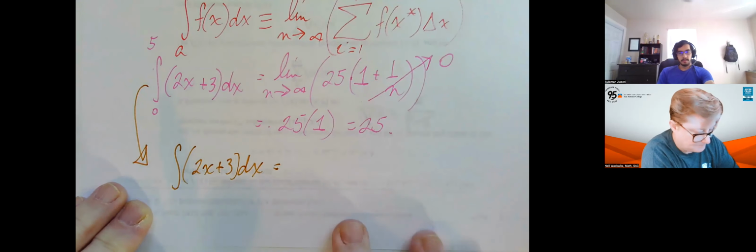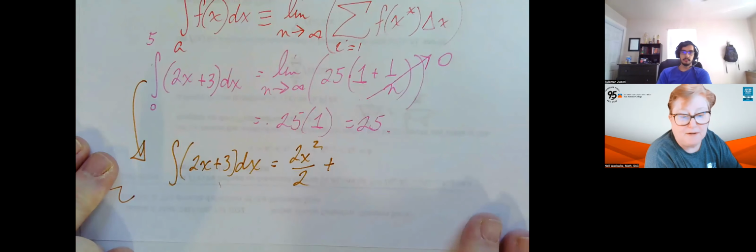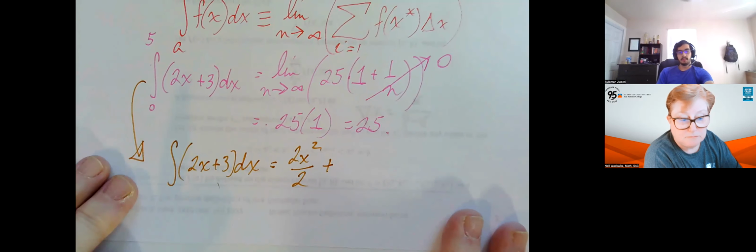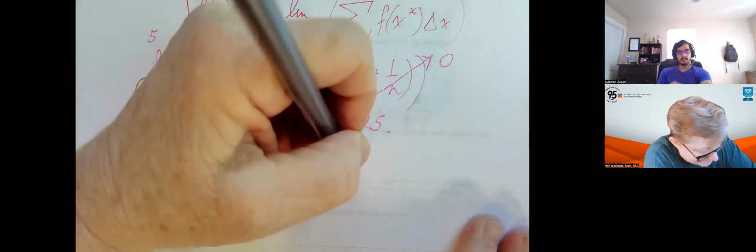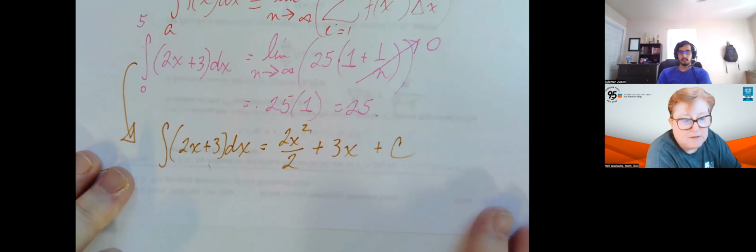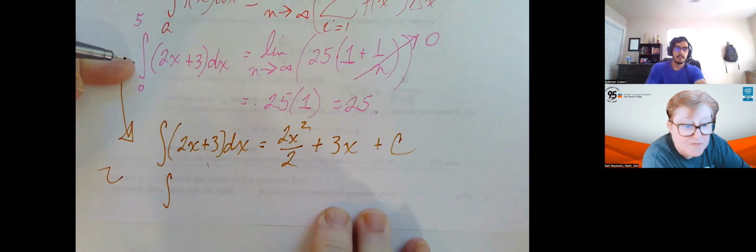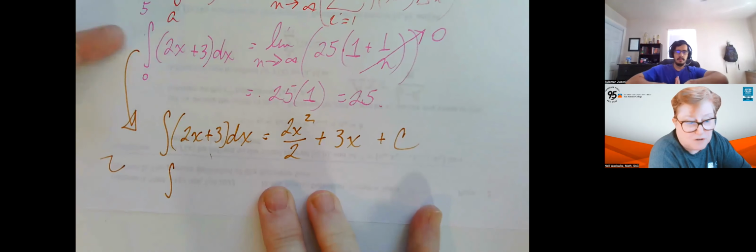Two x squared over 2. Good. And what is the integral of the 3? 3x. Good. And we have to put plus c. But now we're actually going to use a form of the indefinite integral that is called definite.